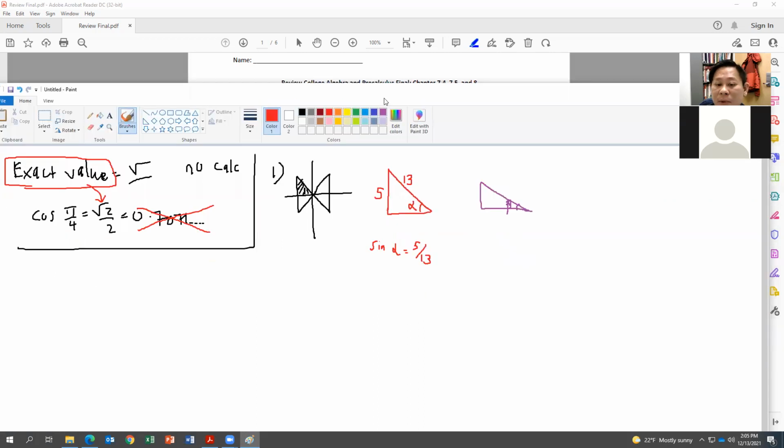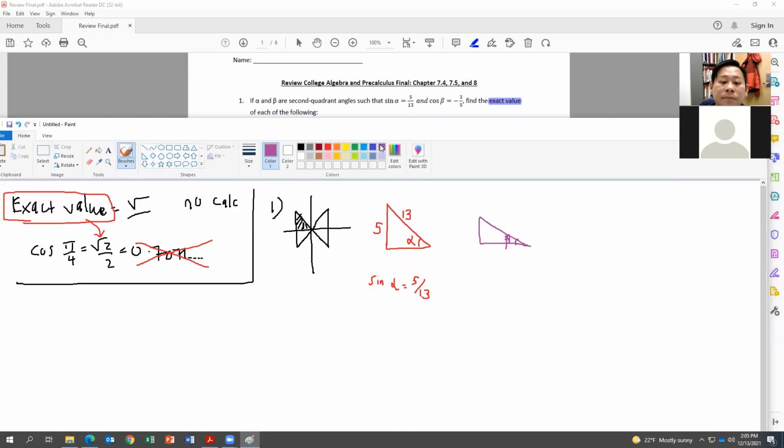Can someone tell me what your adjacent will be in this case? It is -12. This is one of the most common mistakes students make, saying 12. 5, 12, 13 is your triplet, but that will be wrong because in quadrant 2, your x-axis is negative.